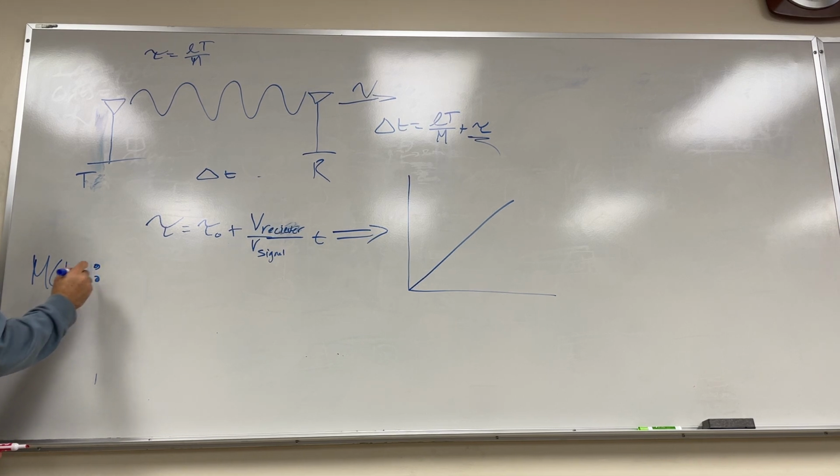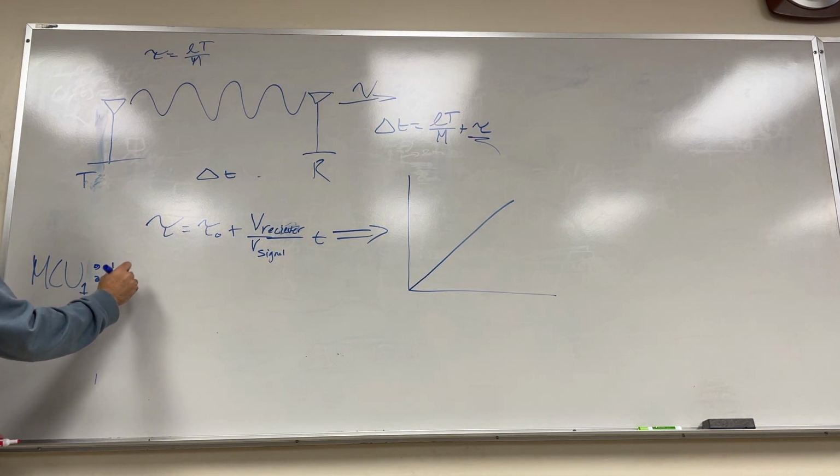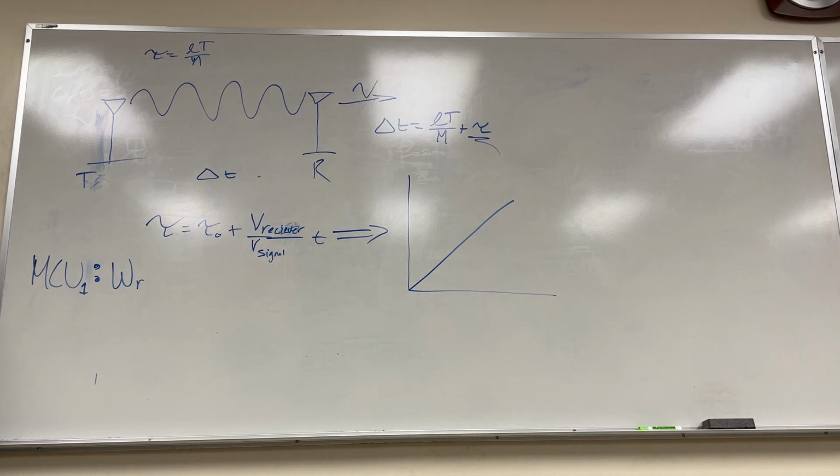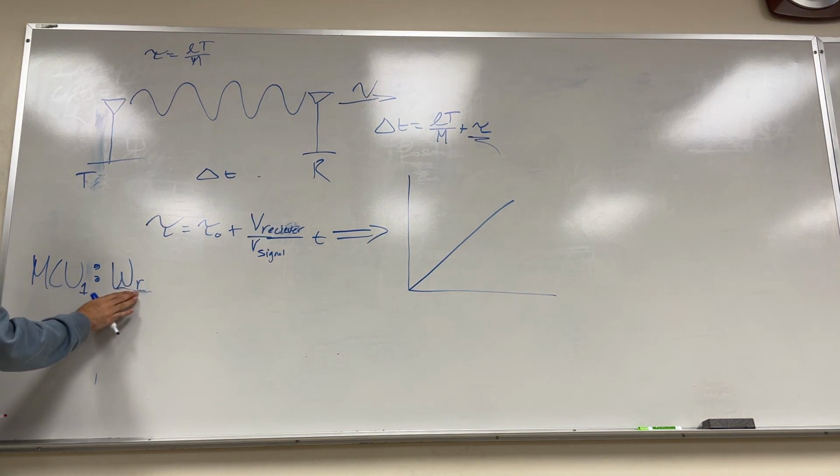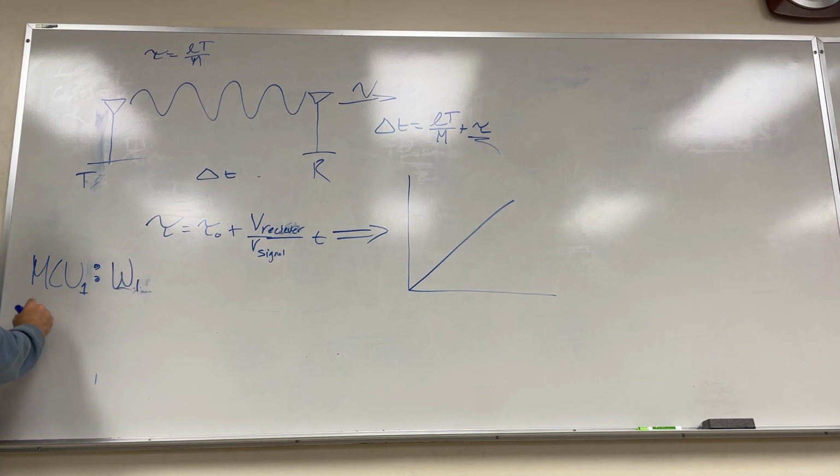If we have an absolute understanding of what 1 megahertz should be, and this is not perfect, we'll call it omega 1. And MCU2 has omega 2. And what this means is that MCU1 creates samples at omega 1 rate, and MCU2 samples at omega 2 rate, right?